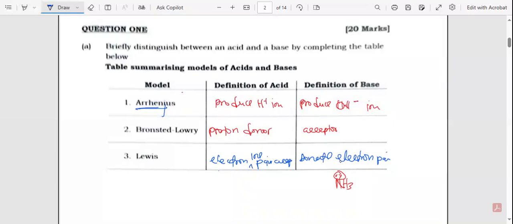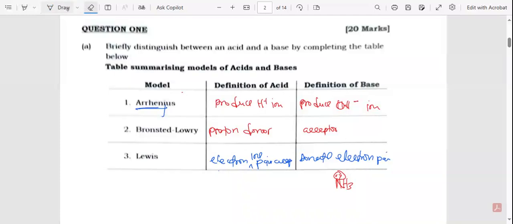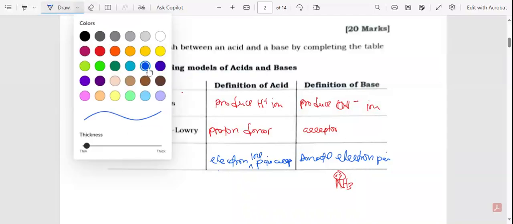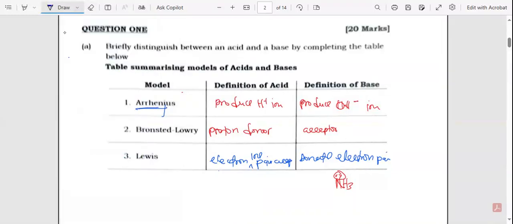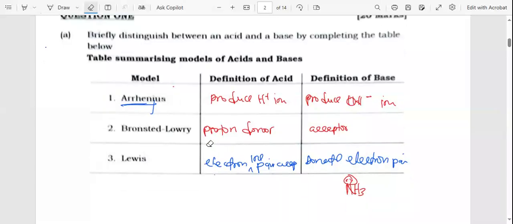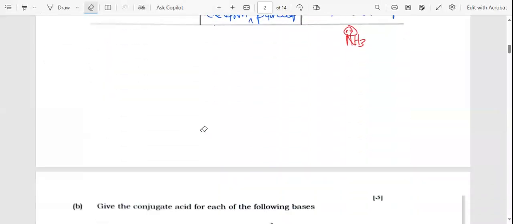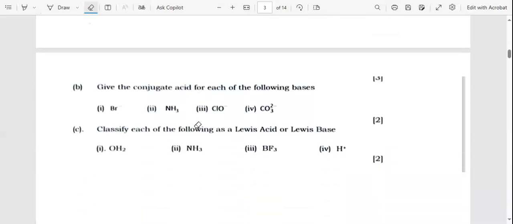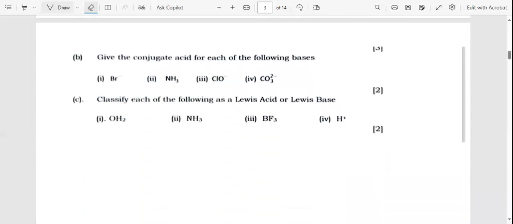That's how they defined these acids and bases. It's very important that you understand these three definitions, because they will ask you one day, so it's better you can explain them.